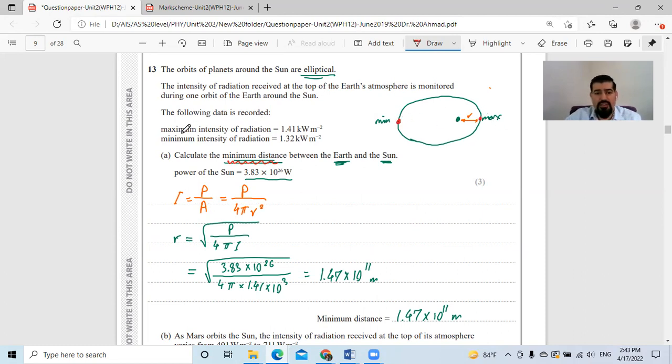That's why they give us the light intensity at the maximum position. So the closer the distance, the higher the light intensity reaching from the sun to the earth.